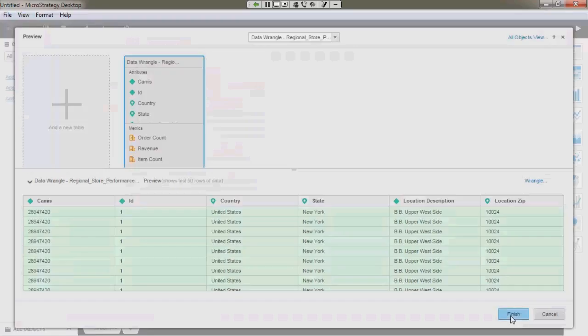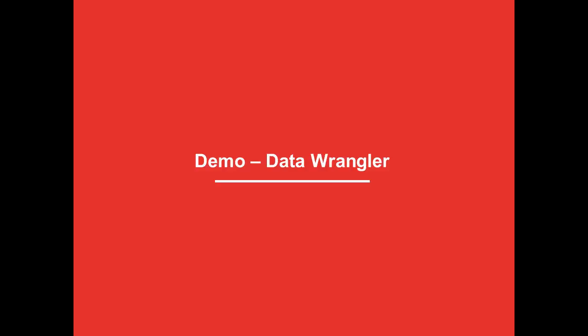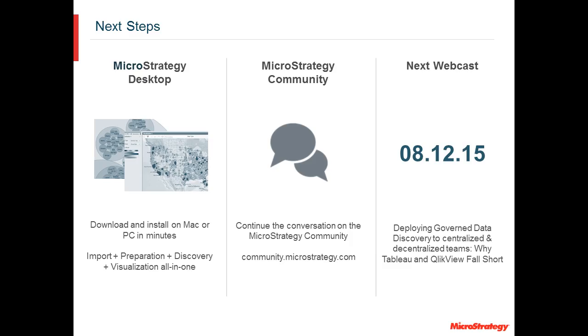So that basically was the demo, and now I'm going to go back to the slides. Just as a quick recap, I'm going to finish this webcast by encouraging you to download MicroStrategy Desktop.